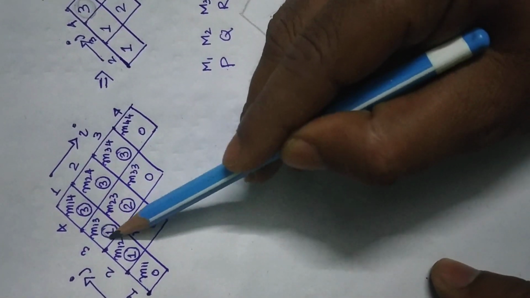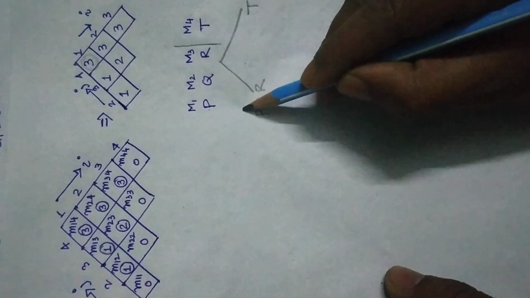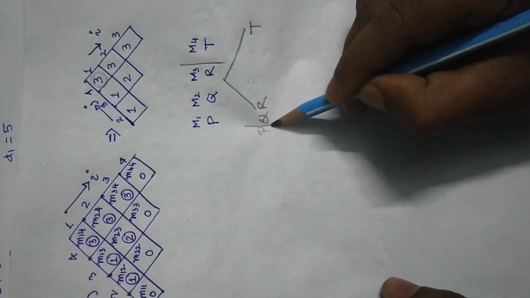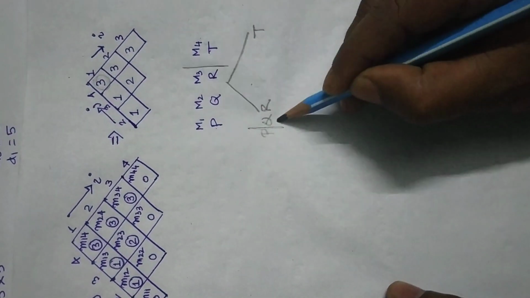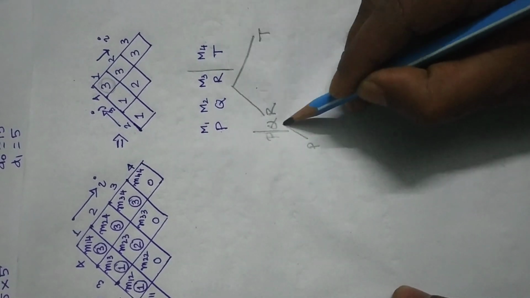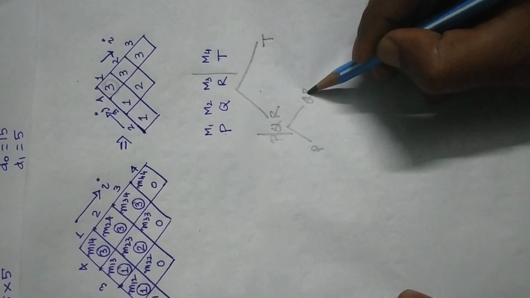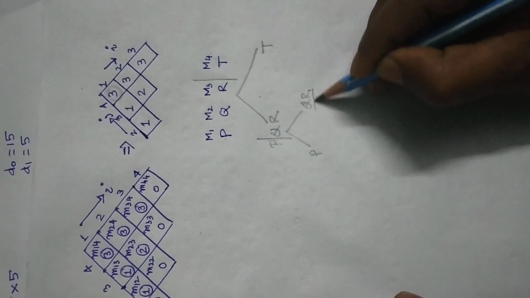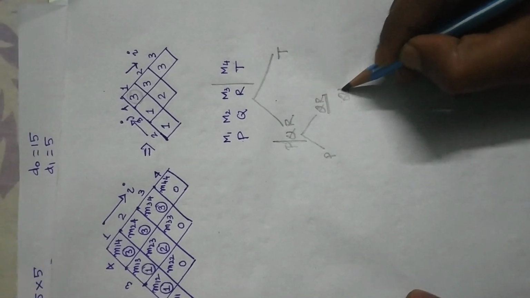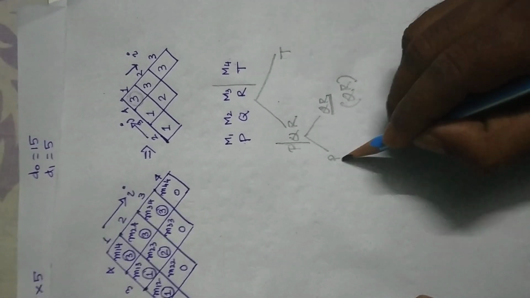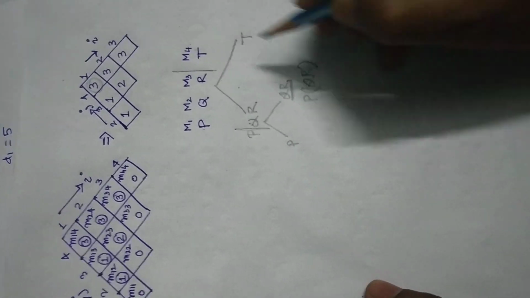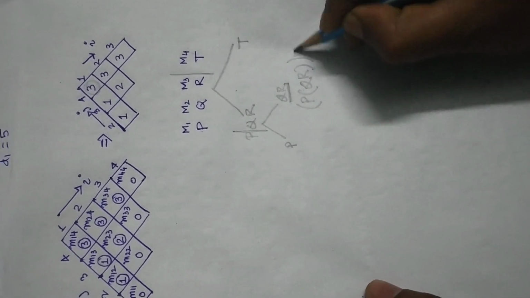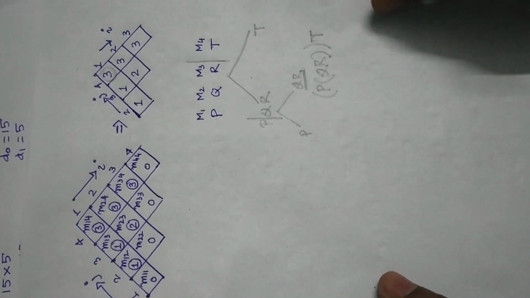Here the value of k is 1, so put a partition after k is equal to 1. So now it becomes P on one side and QR on the other. So first multiply QR, then multiply with P, and finally multiply with T.